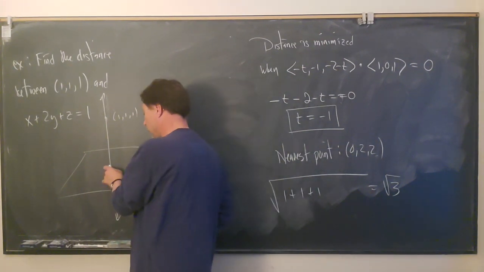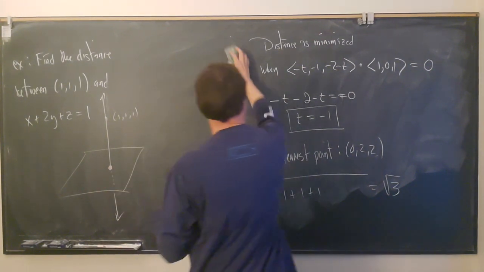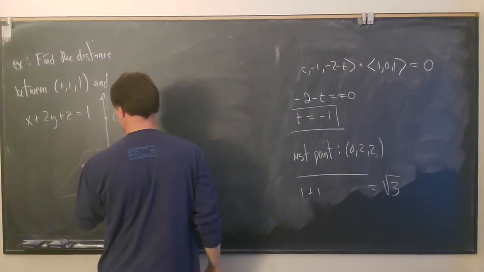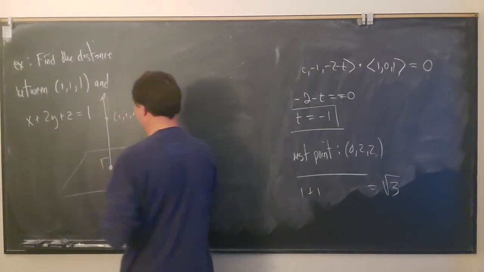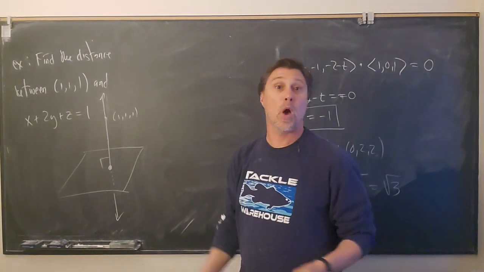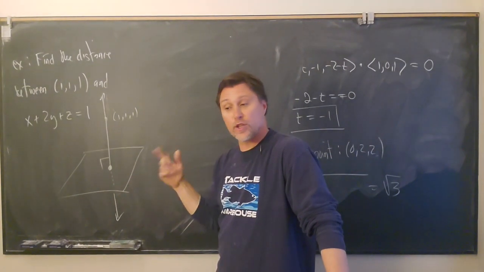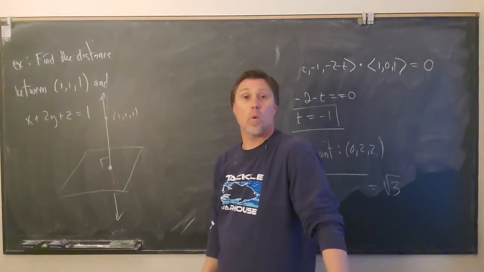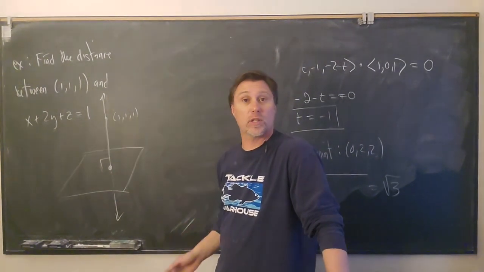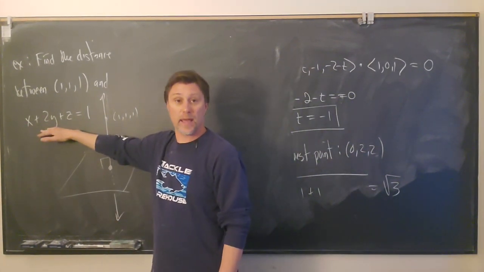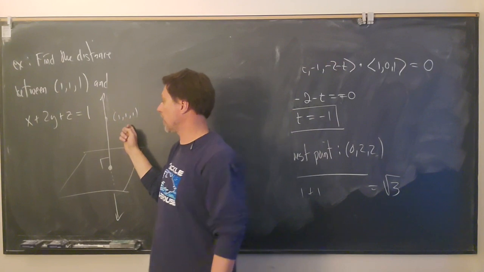That will give me that point right there. So, how do I find the equation of a line? Well, I need a point that it passes through and a direction vector. What should the direction vector of this line be? Well, we want this line to be orthogonal to the plane, which means we should choose the normal vector for the plane to be the direction vector for the line.